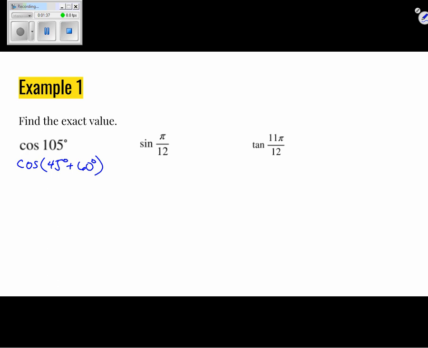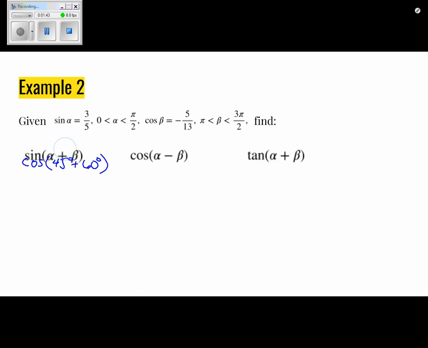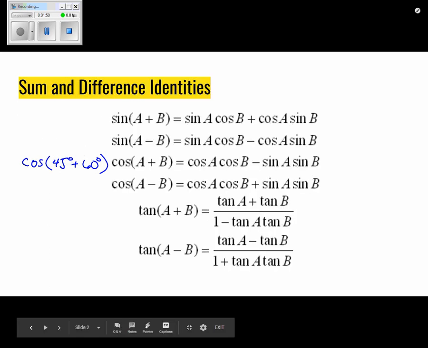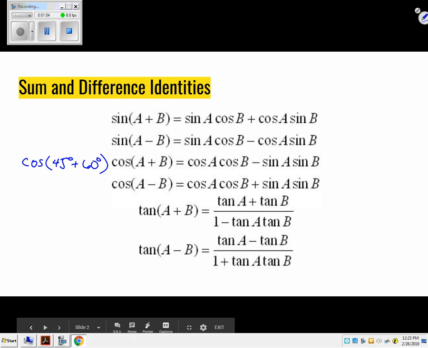So going back real quick, I'm looking for my identity that has cosine of alpha plus beta. I just happened to put it right next door.